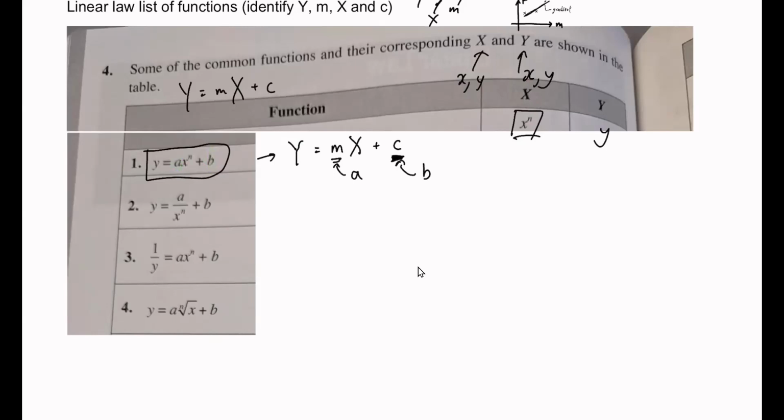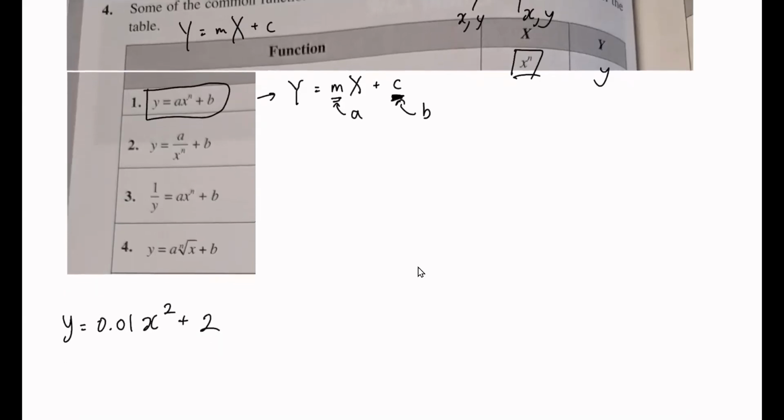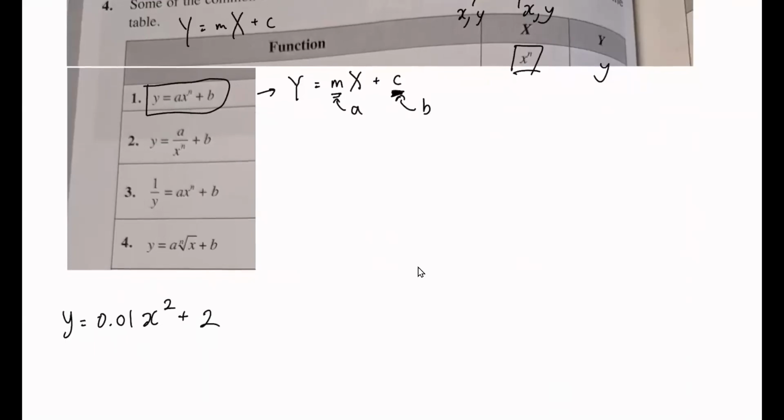Okay, so for example, let's say there was a scientist who's modeling the population growth of rabbits, and they happen to follow this equation, y equals 0.01 x squared plus 2. Then we want to convert it into the capital Y equals m capital X plus c format. What do we do? We just let capital Y equal a variable y. Let capital X equal x squared.